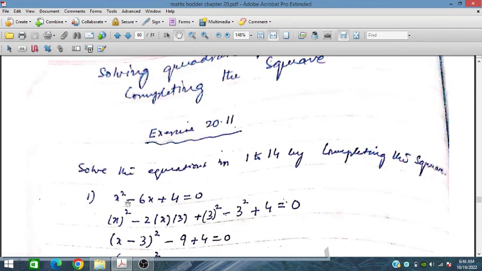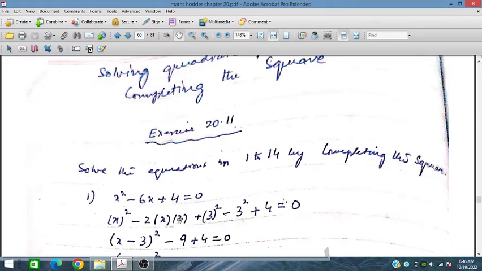So this is x square minus 6x plus 4 is equal to 0. The first term, we have to make this a complete square. So we take x square, and here we have 2, and then x here, and to make this minus 6, we have this 3 here. So when we multiply 2 with 3 and x, we get minus 6x from this term.